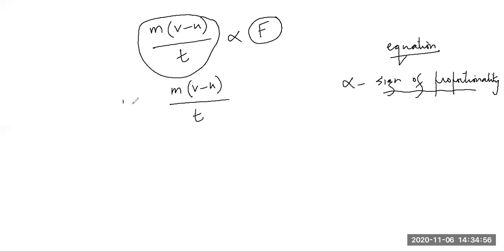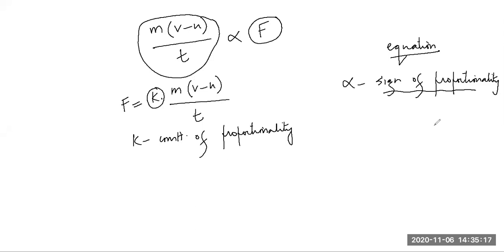F is equal to k into this. I've introduced a constant of proportionality. K is the constant of proportionality.